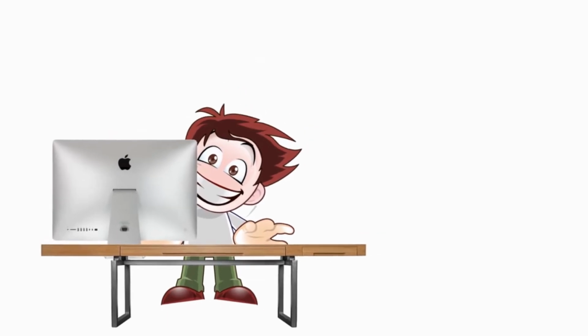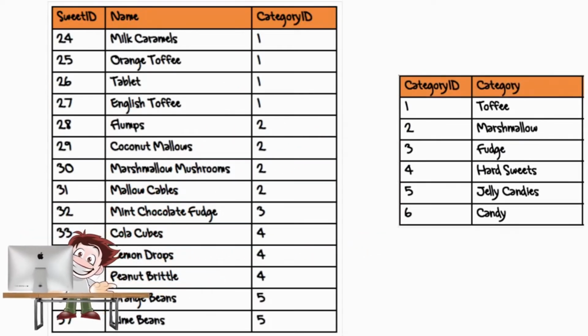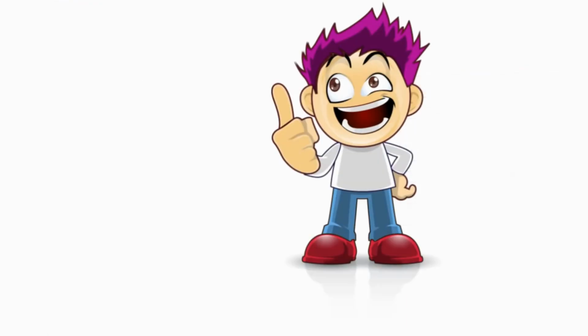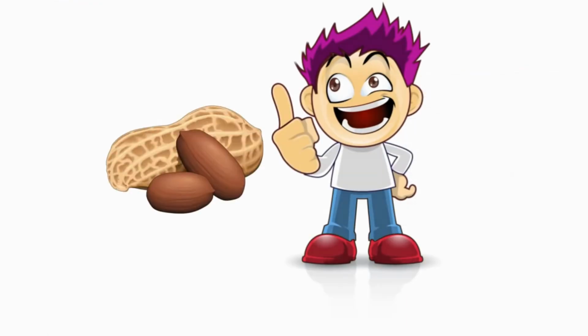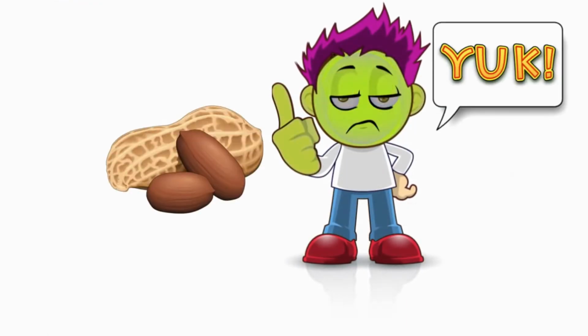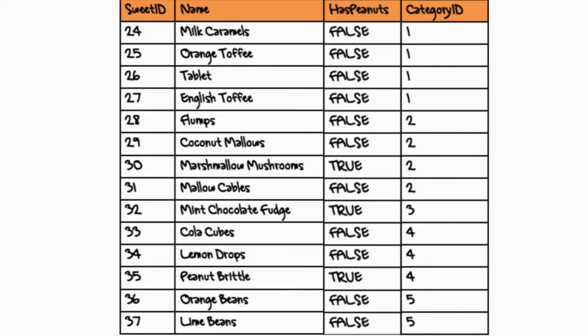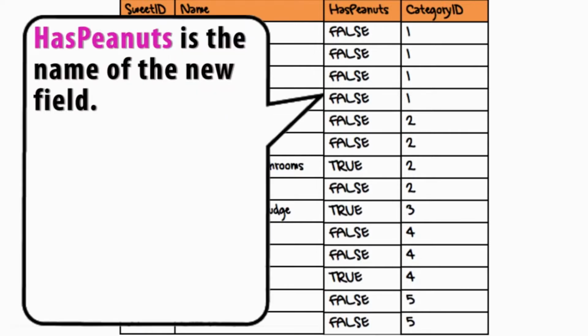Bob is adding some information to his linked tables. Some of his customers have an allergy to peanuts. Bob can add a field to his sweet table to store if a sweet contains peanuts or not.